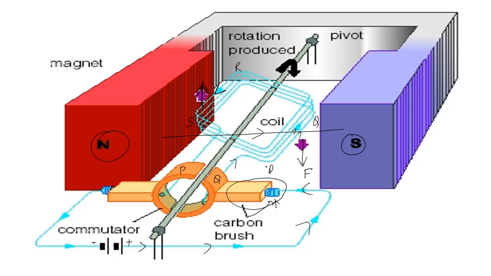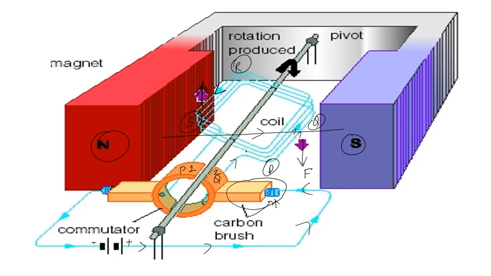The PQ part of the coil will come in contact with the first split ring, and the RS part will come in contact with the second split ring. So now the direction of current will get reversed.